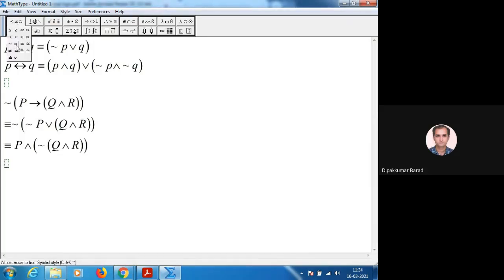So sequentially, I first remove the implication sign, then I apply De Morgan's law. Now by using the distributive property, I have to convert into a disjunctive normal form, which means a sum of elementary products. So first of all, again here we can apply De Morgan's law.